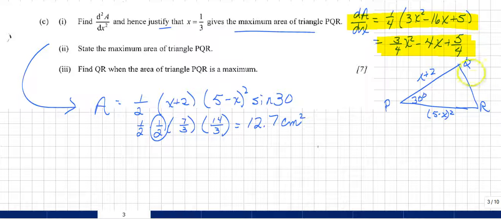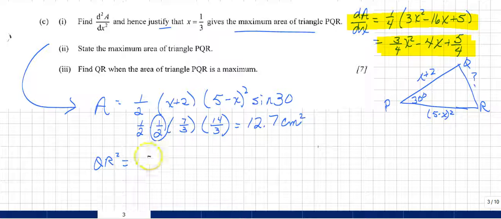Well, how can we find QR? Well, QR is opposite angle 30, and we're given two sides. It looks like we're using the law of cosines. So opposite side squared, so that'd be QR squared. This is the law of cosines, right off your formula packet.